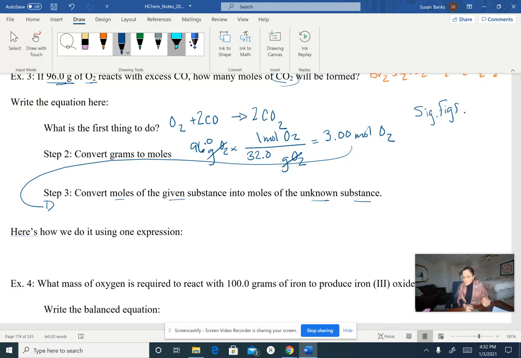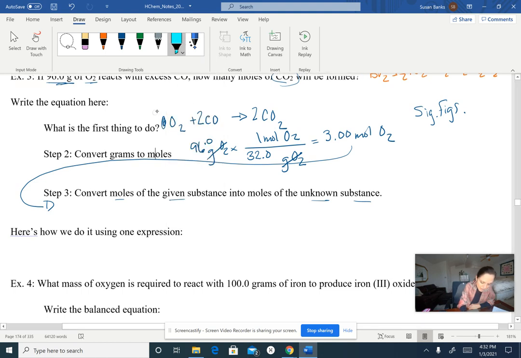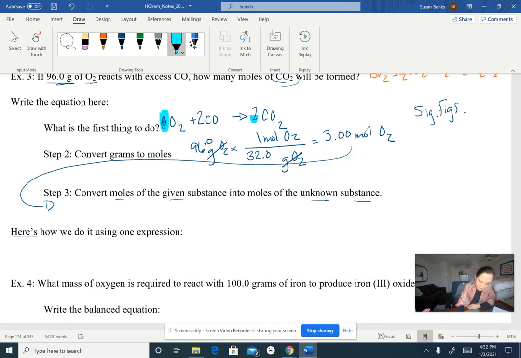And the unknown is carbon dioxide. That's what we want to know. So we're going to grab our ratio in the equation. We're going to grab our oxygen, which is 1 mole here, and we're going to grab our coefficient of carbon dioxide, which is 2.